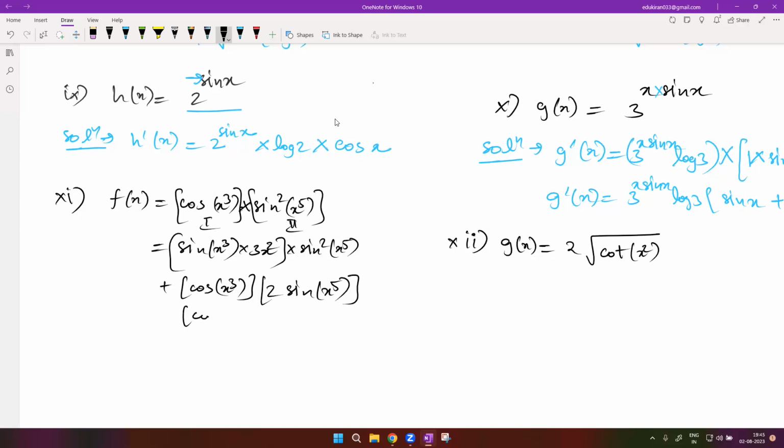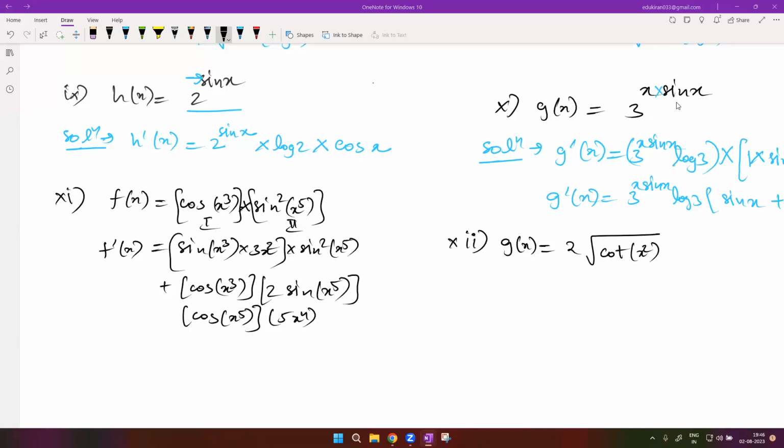The differentiation of sin is cos x to the power 5. Then we will move on to x to the power 5, which is 5x to the power 4. Right? So this should be your answer, you can simplify this further. Whatever you are getting, take whatever is common and give the final answer, right? But this should be your expression for differentiation, right?